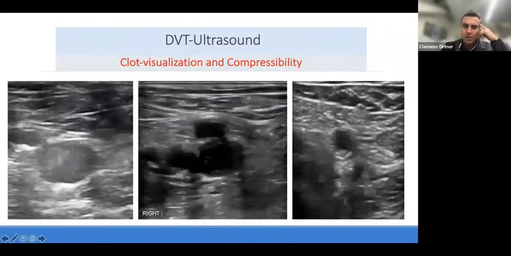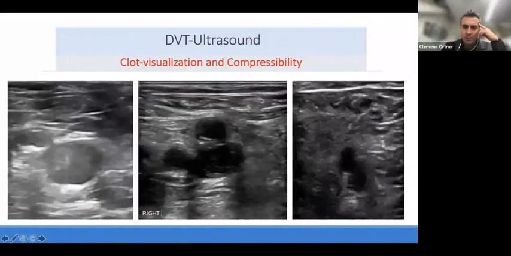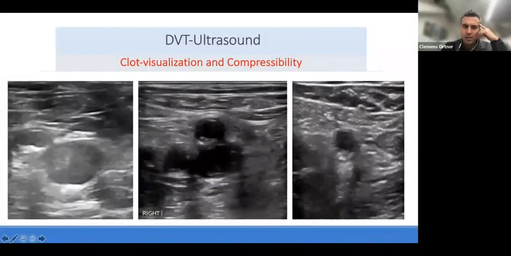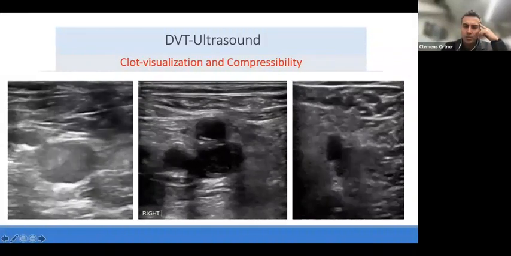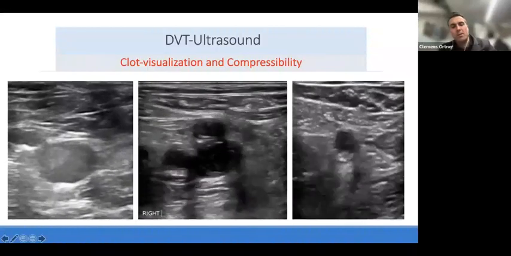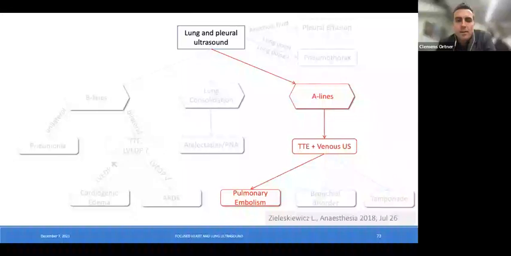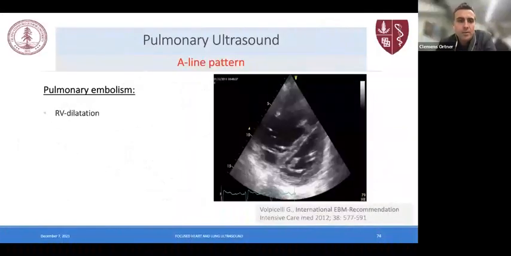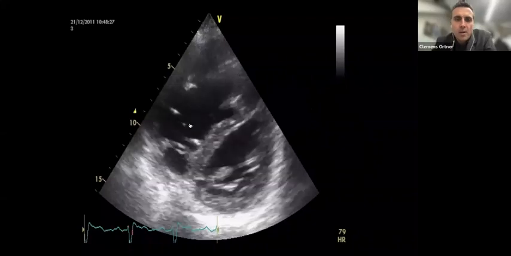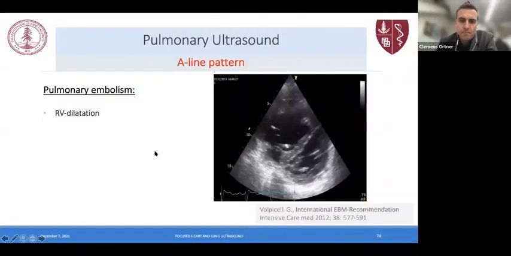In the middle image, even if it is difficult to identify the clot, you see that you cannot compress the vein. So this is a marker that there might be some thrombosis going on. And if you do the TTE, you will see in PE, in particular in a fulminant PE, a right ventricular dilatation, like here.